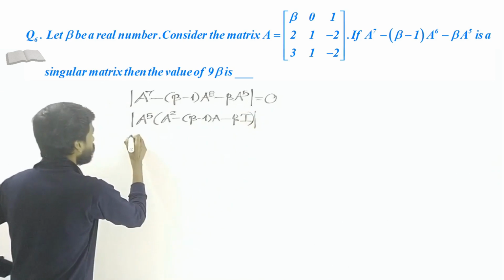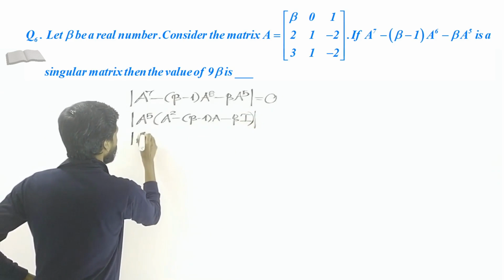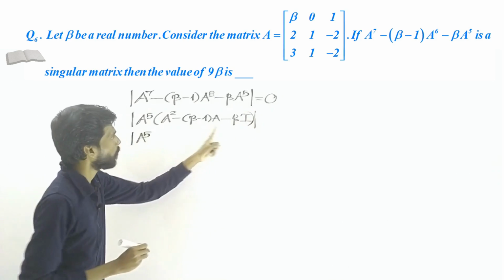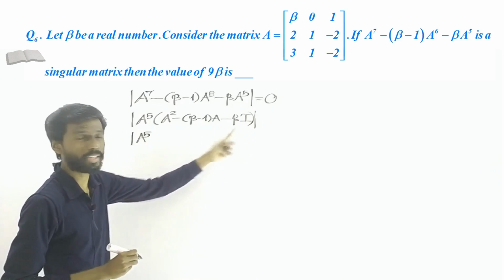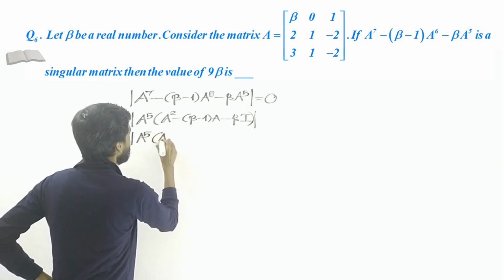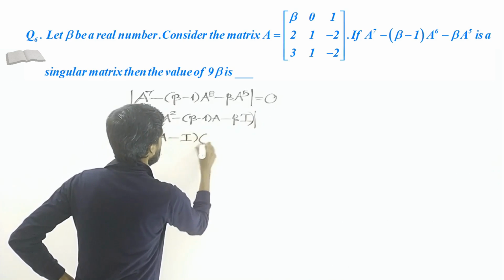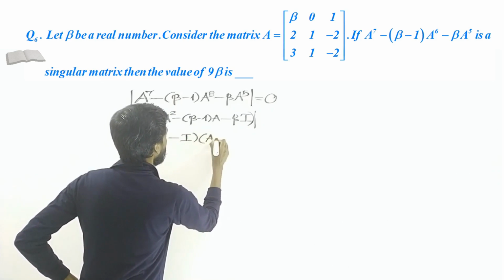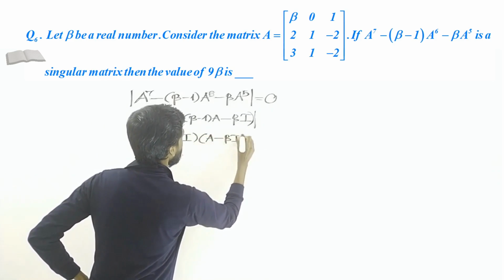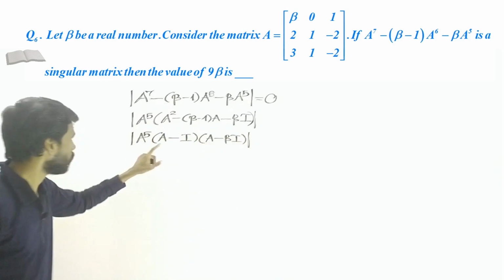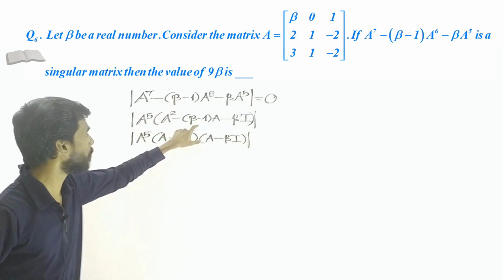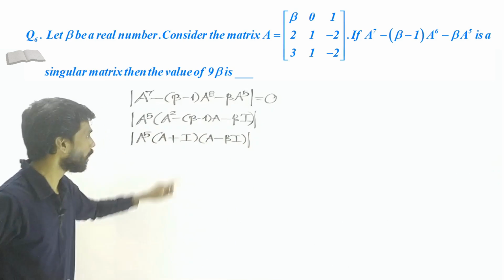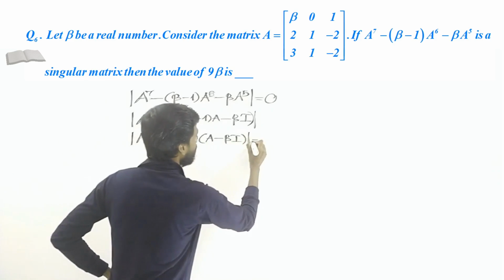So A to the power 5 times, the product is known, so we can simply write it as A plus I multiplied by A minus beta I. So that equals 0.